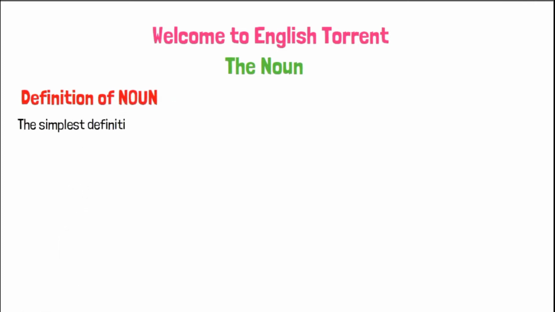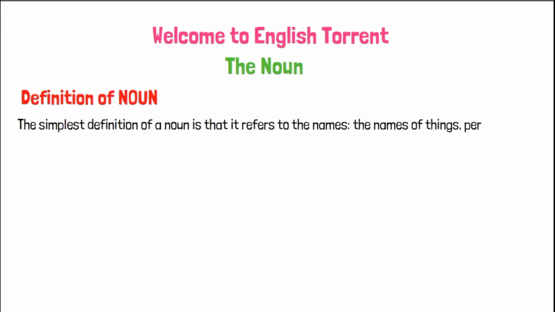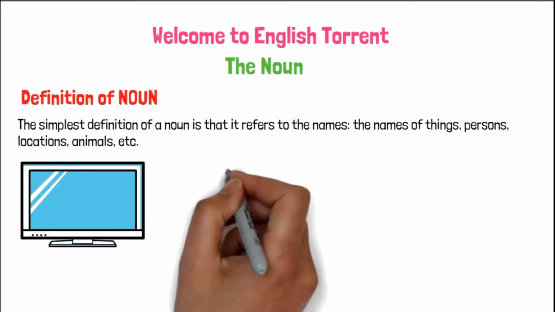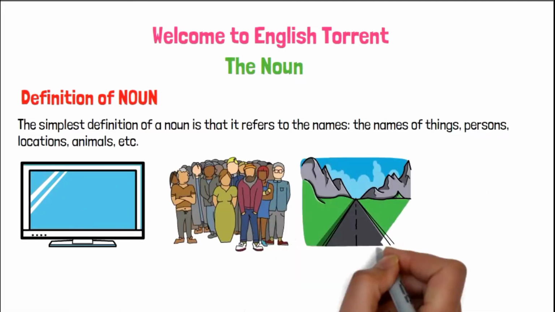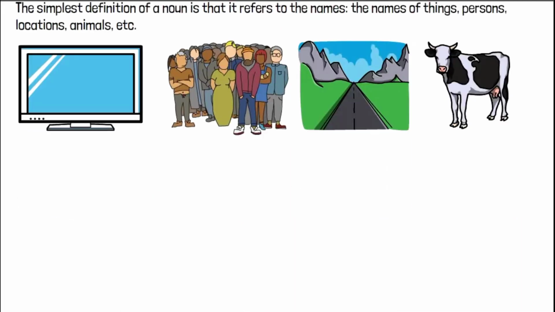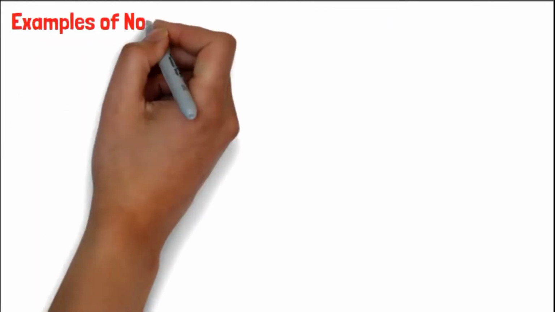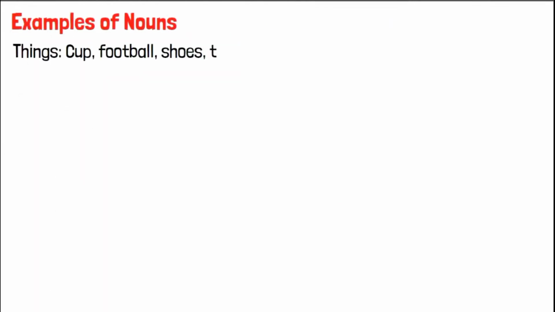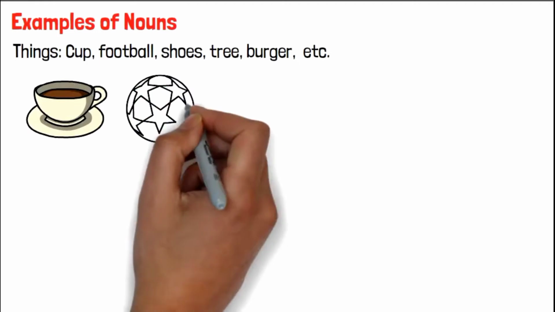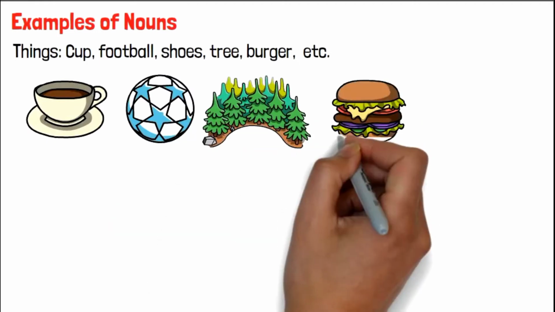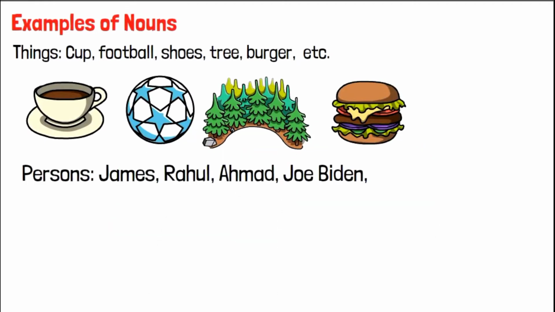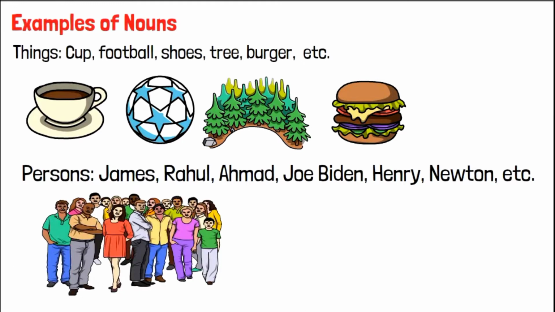The simplest definition of a noun is that it refers to the names of things, persons, locations, animals, and etc. Examples of nouns: things like cup, football, shoes, tree, burger, chicken, goat. The persons such as James, Rahul, Ahmad, Joe Biden, Henry, Newton.